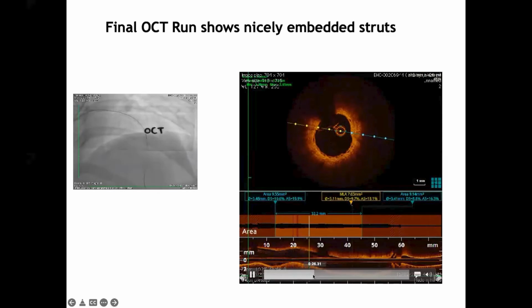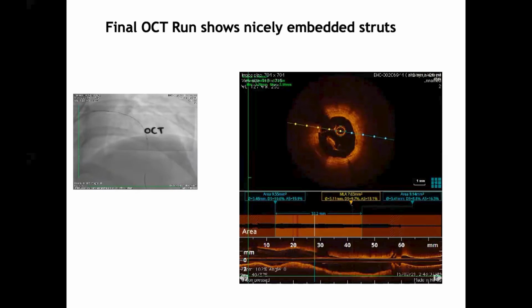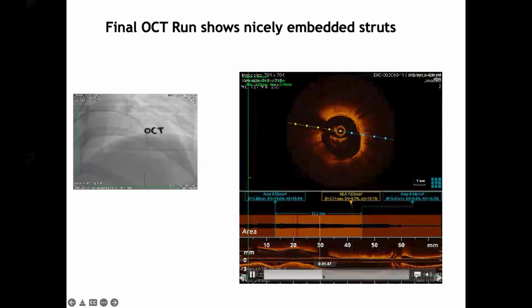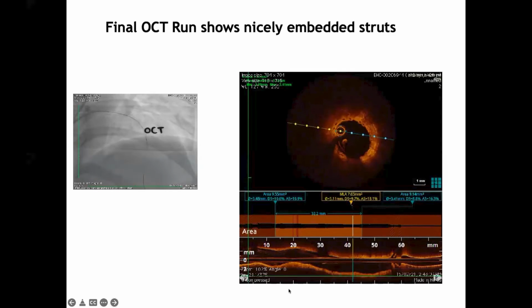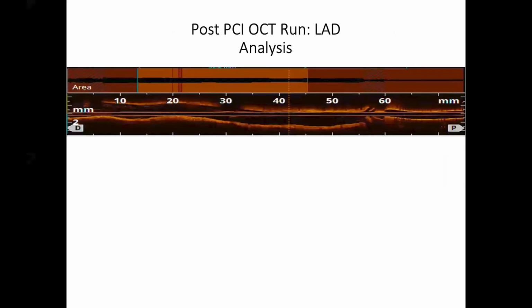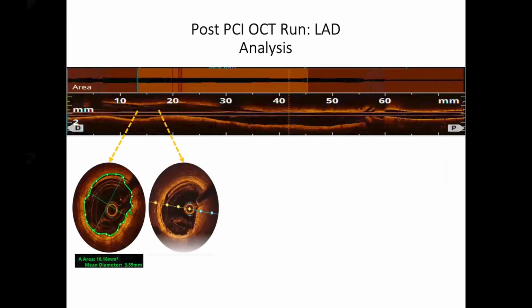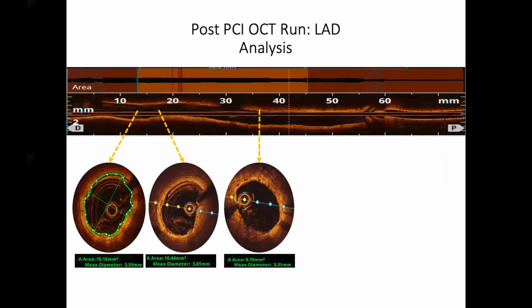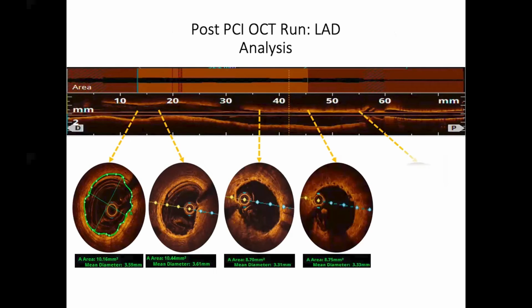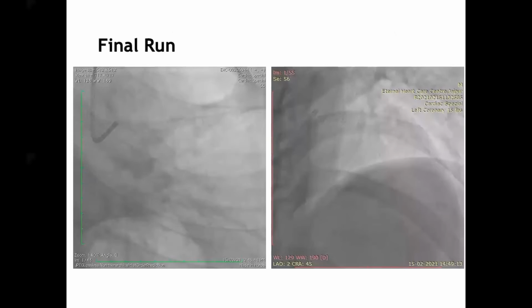There is eccentric expansion in the proximal segment, where he had neoatherosclerosis from the previous stent, but good luminal gain and fairly well opposed BRS struts. This is the snapshot of the post-PCI OCT. So good luminal gain and fairly well opposed struts.